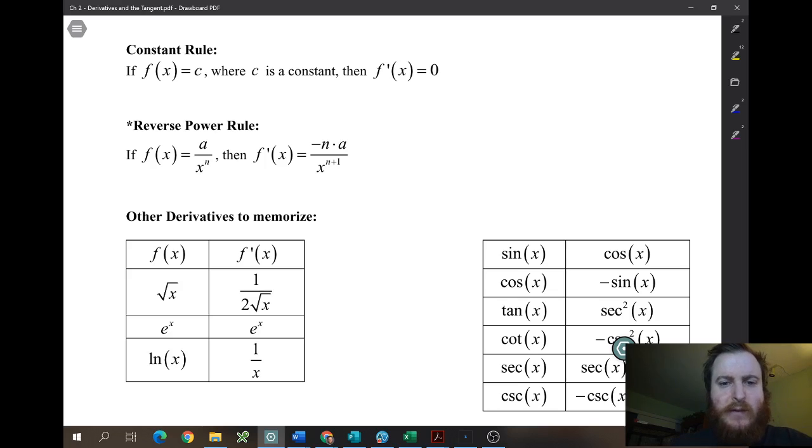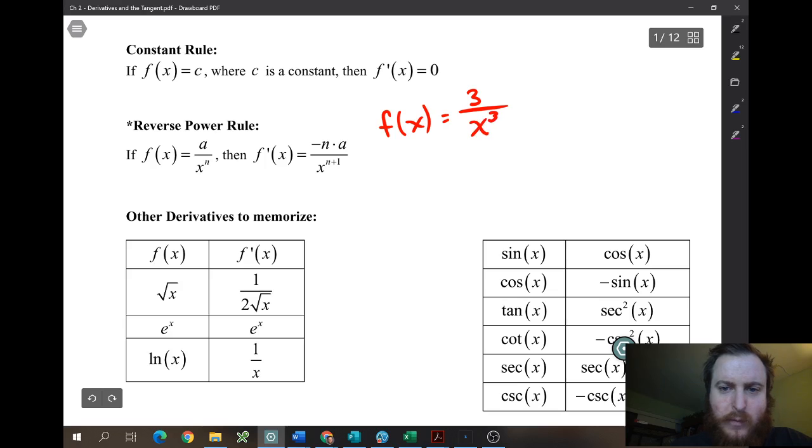And so this is if I have something like f of x equals 3 over x cubed, then the reverse power rule, we can multiply the 3 up, and we get f prime of x equals negative 9 over, and then we add 1 to our exponent, so x to the 4th.